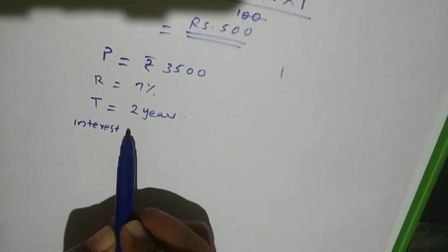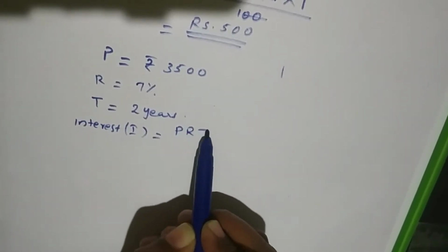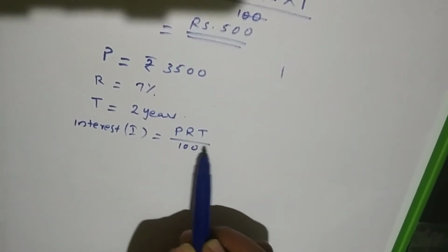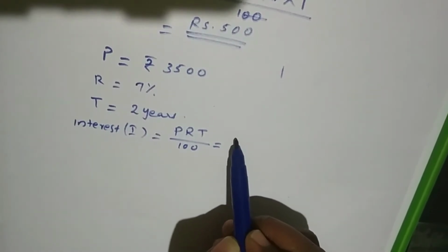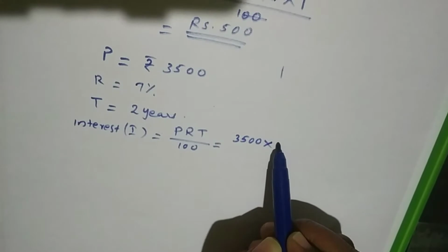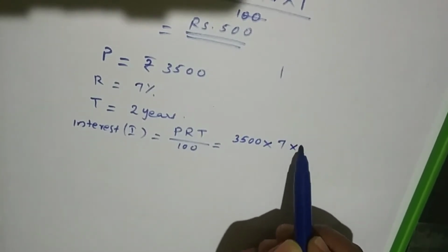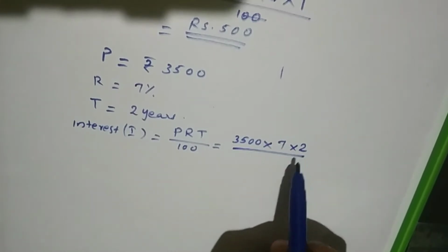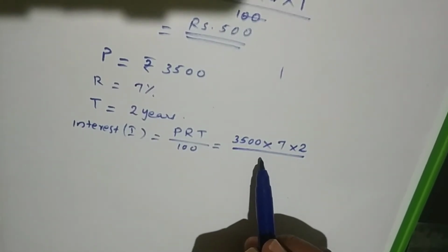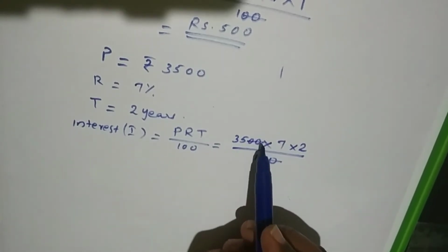Interest I is equal to PRT on 100. Here P is equal to 3,500 and rate is equal to 7 per 100. Then 2 is the time duration, 2 years on 100. We can cut these two and these two.